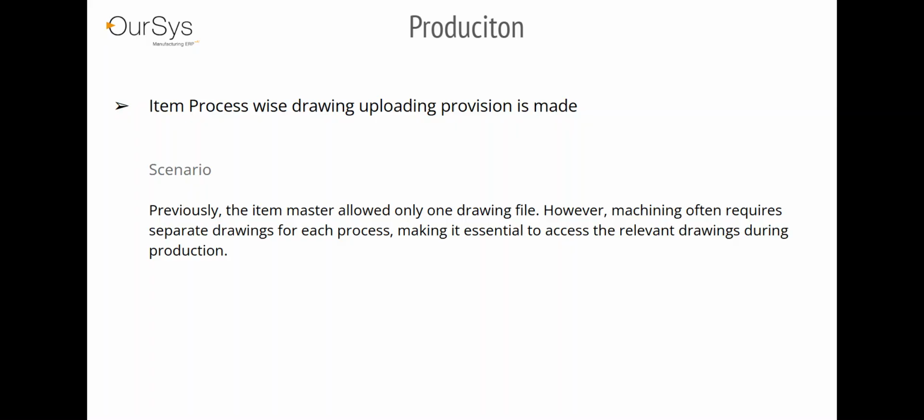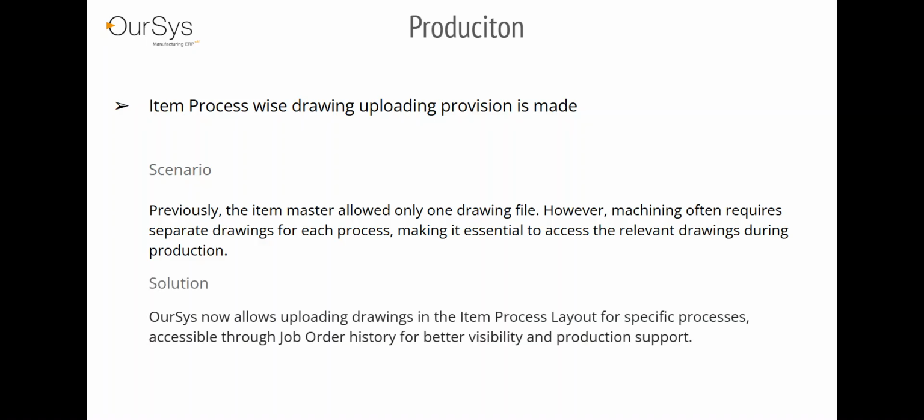It's important to have access to the right drawing file during production. So now OurSys allows users to upload drawings for specific processes in the process layout. These drawings can be accessed through the job order history report, giving more visibility and support during the production processes.